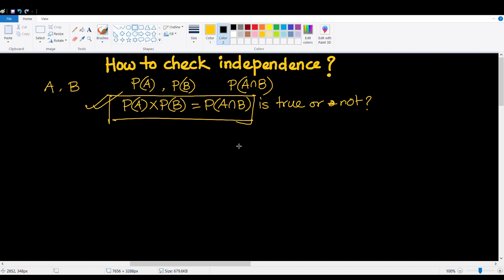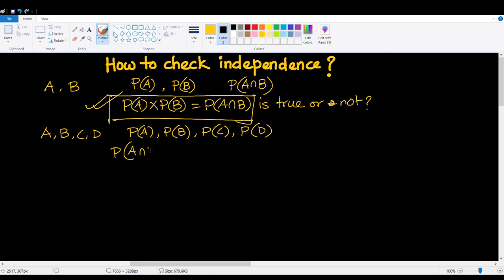This is not only true for two events. Suppose there are four events and you want to find out whether these events are independent or not. The first thing you have to do is determine these four probabilities. And then you have to find the value of P of A intersection B intersection C intersection D without the help of the formula.